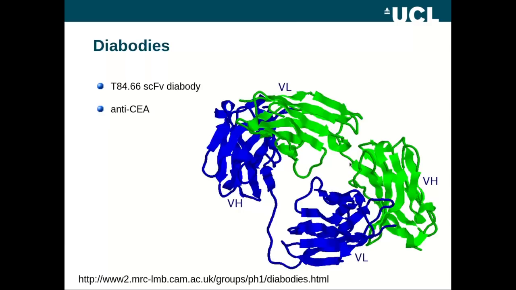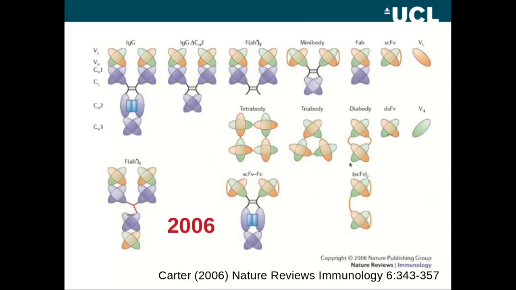Now, being able to do this sort of thing, to be able to produce different types of antibody with different valencies, different numbers of binding sites, different ability to bind to different things, has started to be exploited very widely.